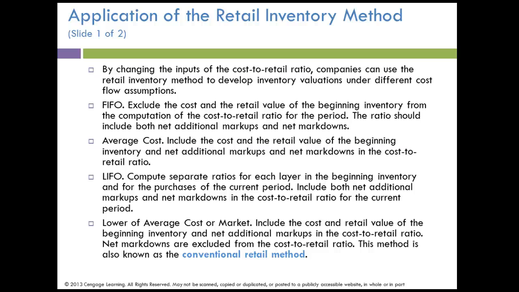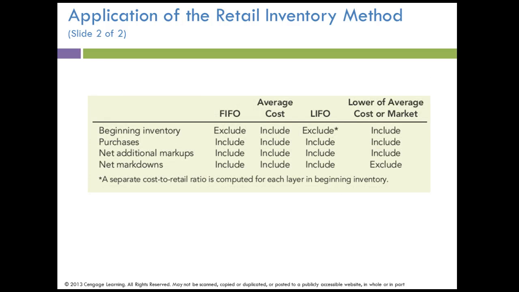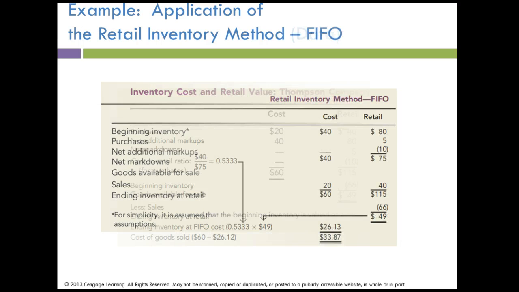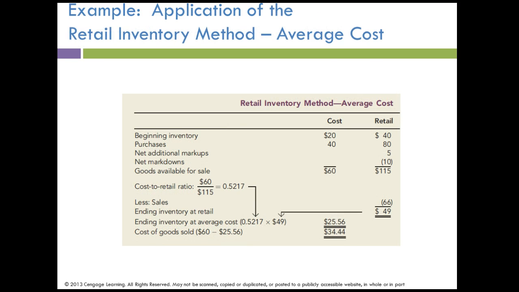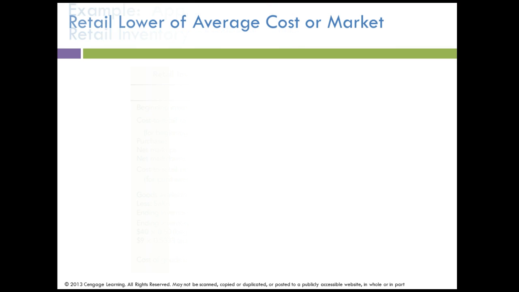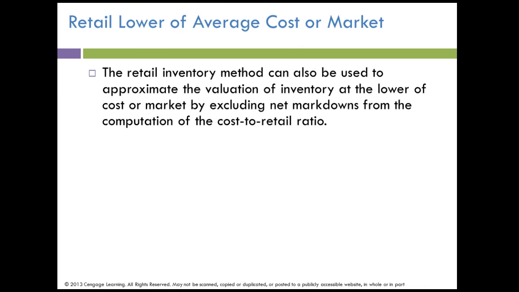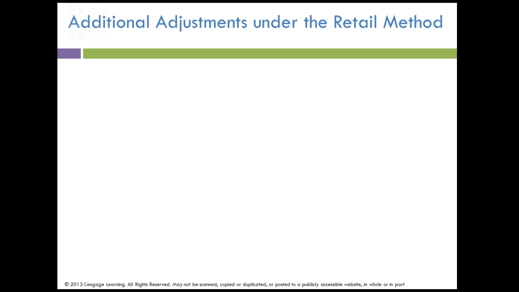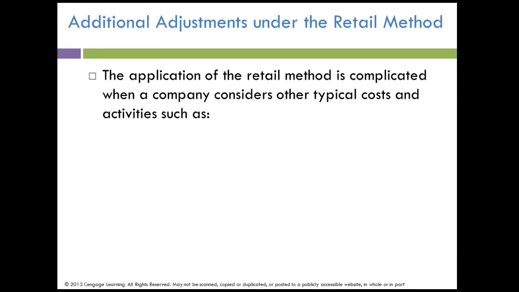Let's not go over this. I'm going to cover the basics here. Under FIFO, we're not going to worry about the specifics of the retail method. I think that's really the biggest piece I wanted to cover in this chapter.